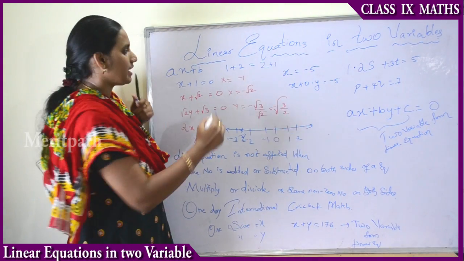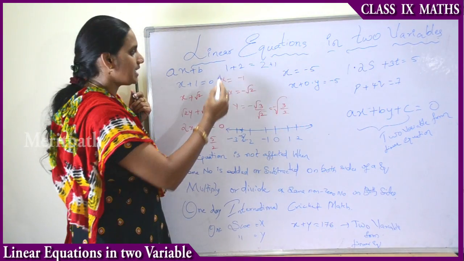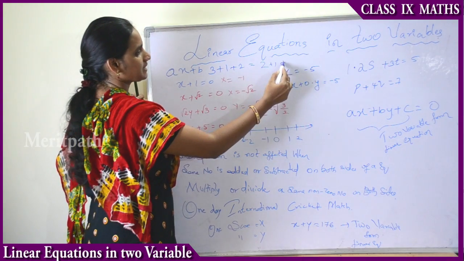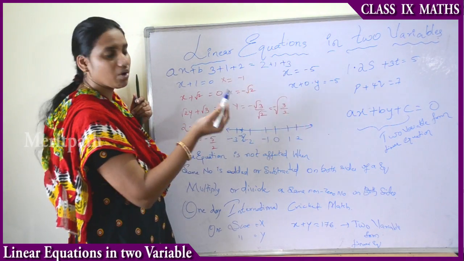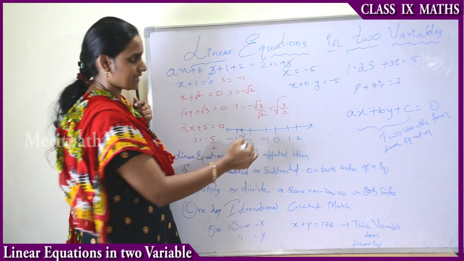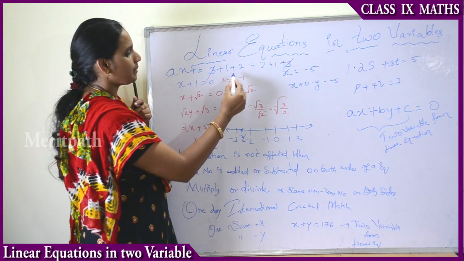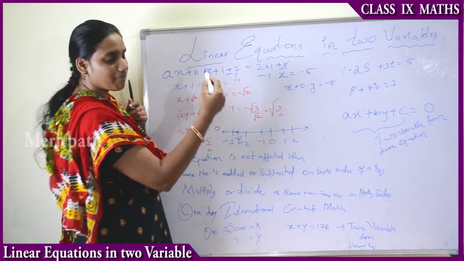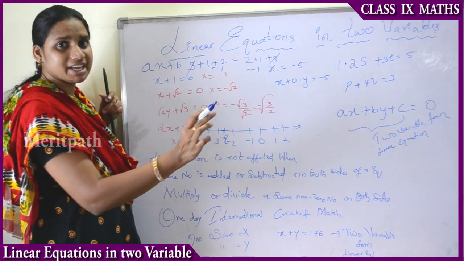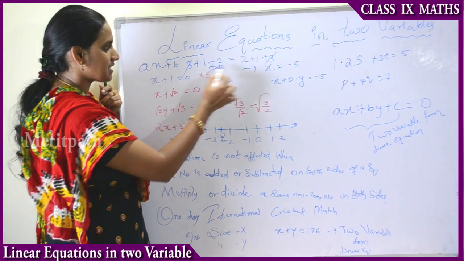Now let us add one number on both sides, that is plus 3 and plus 3. Does the equation change anything? No, because we will be cancelling plus 3 and plus 3. Suppose we subtract any number, that is minus 1, minus 1, on both sides. We are not changing the equation. It is just cancelled out.